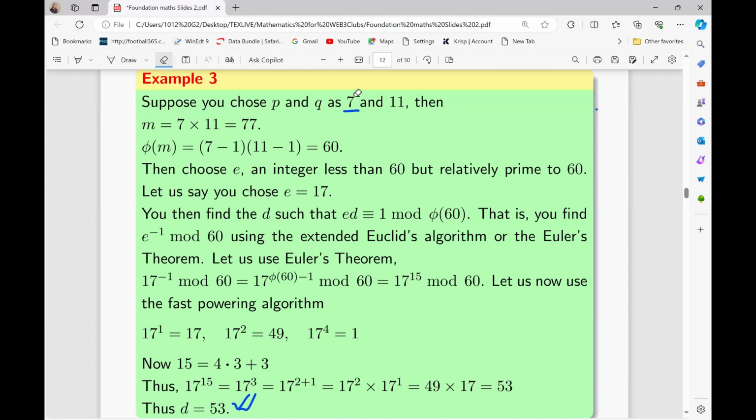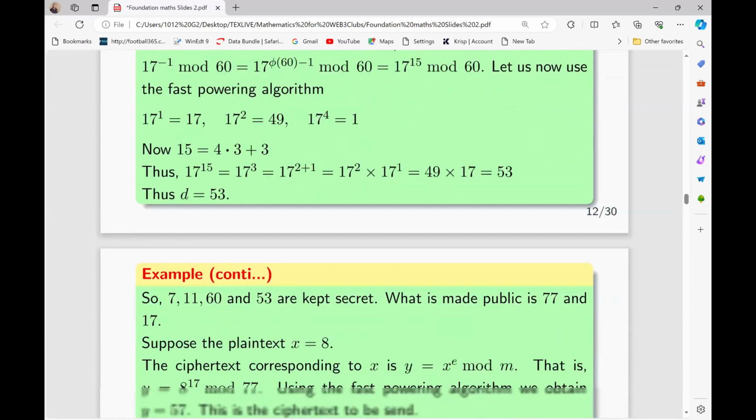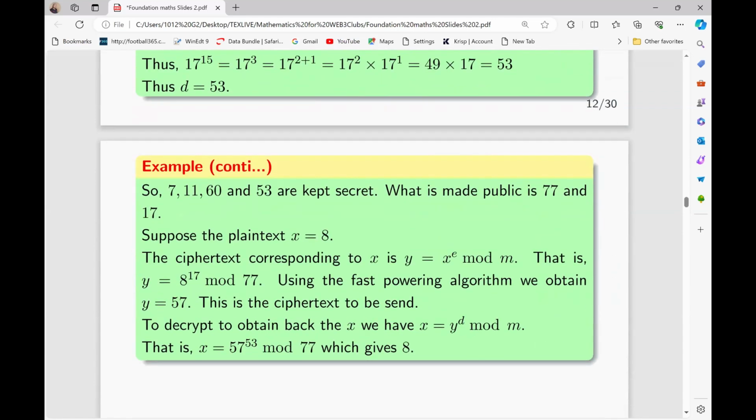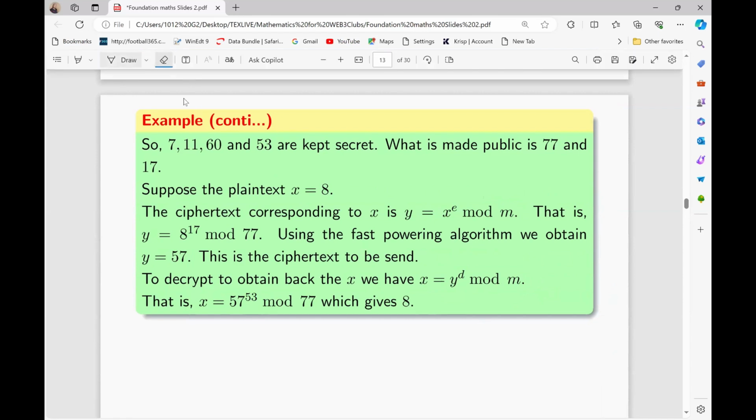Now let's see if there's anybody who wants to send us a message and see what that person will have to do. Yeah, there's somebody who wants to send us a message. And the message the person wants to send us is 8.